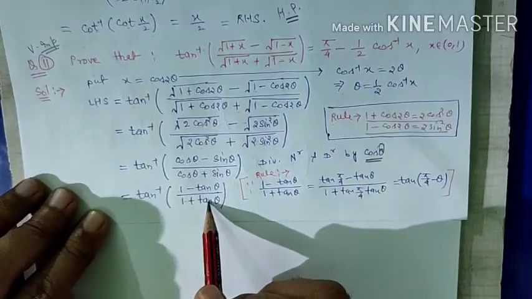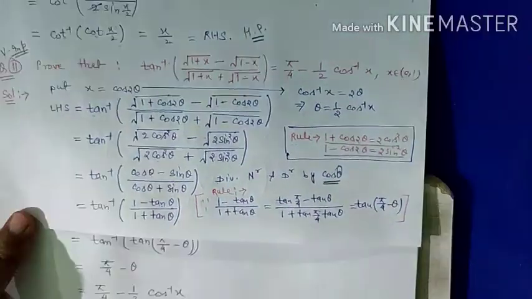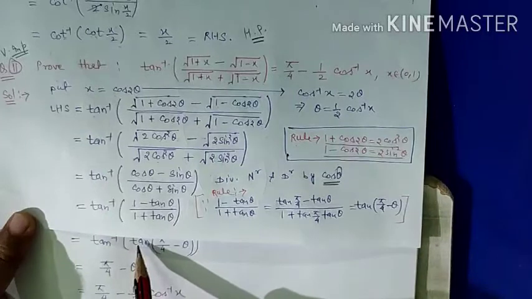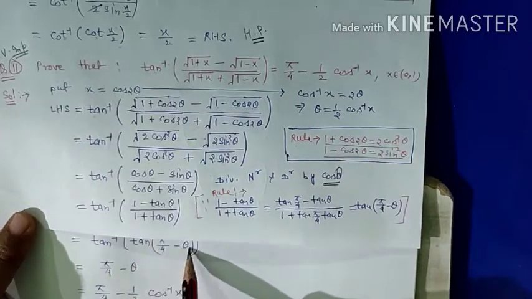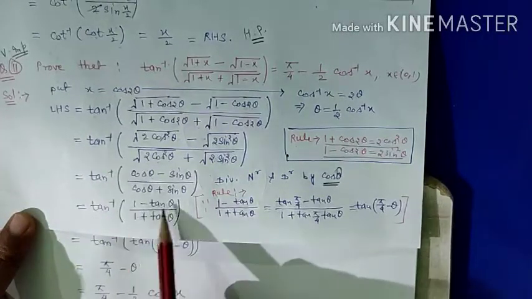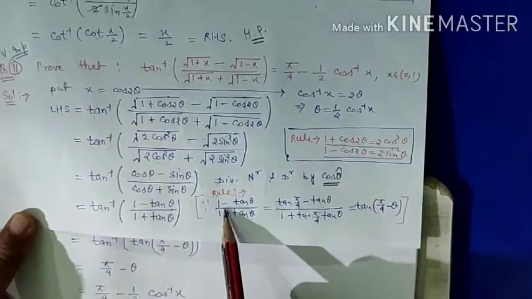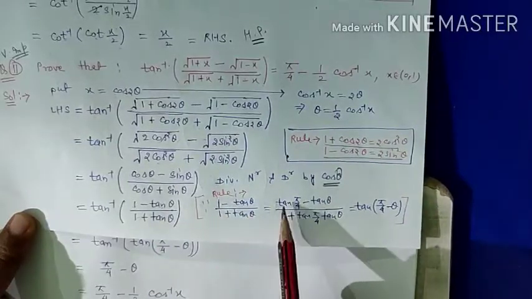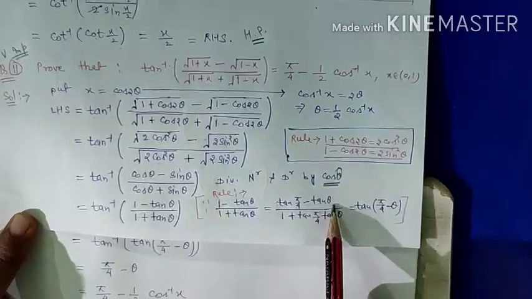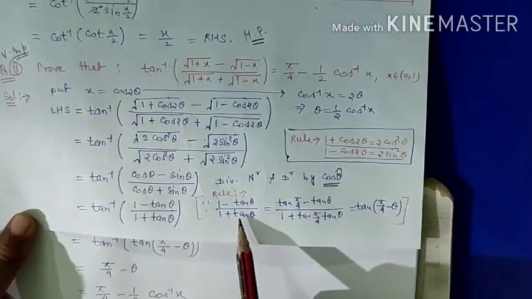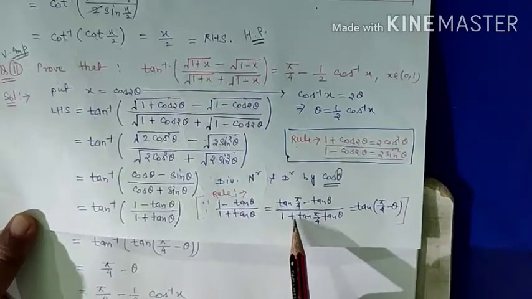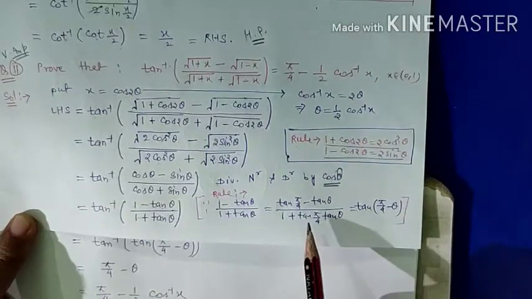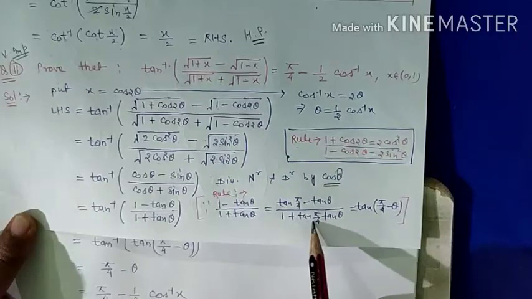Similarly, tan inverse of tan (pi by 4 minus theta). This 1 minus tan theta, in place of 1 I am writing tan pi by 4, minus tan theta, and 1 plus tan theta I can write as 1 plus tan pi by 4 into tan theta, because tan pi by 4 is 1, so 1 I can multiply with any number.